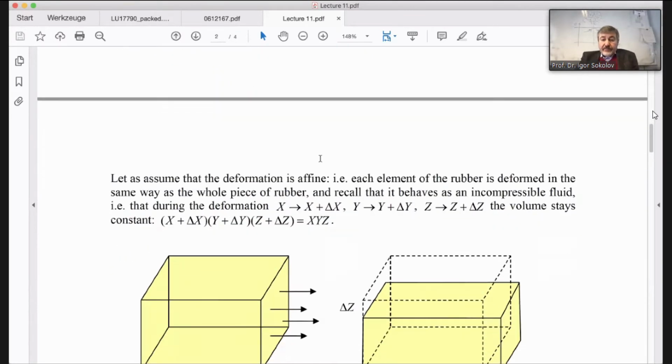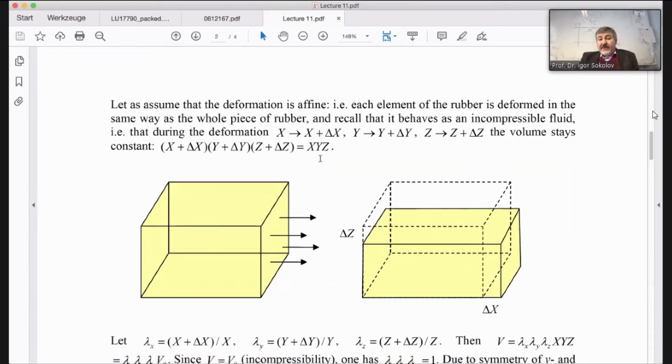Now, this game with the affine deformation comes into play. So now let me consider I have a piece of rubber. This is essentially a part of the whole piece, which might have whatever form. But here I have chosen a small piece which has the shape of a parallelepiped, and deform it, for example, by pulling or pushing it on one side.